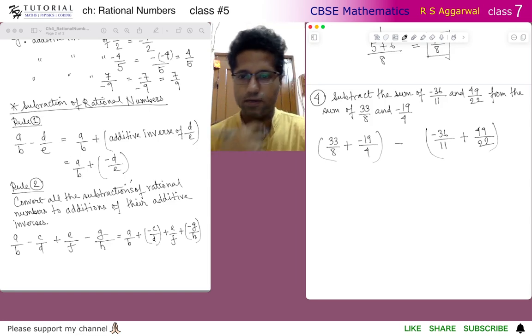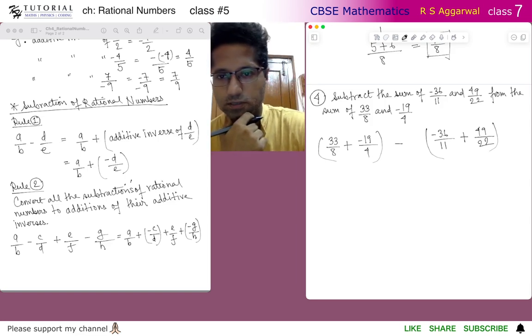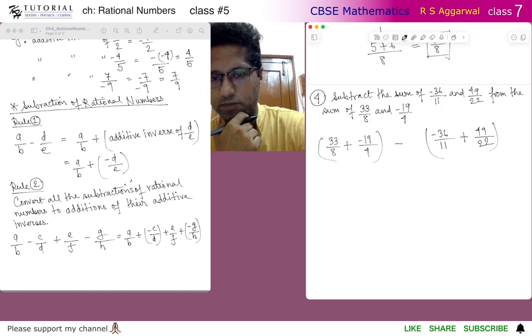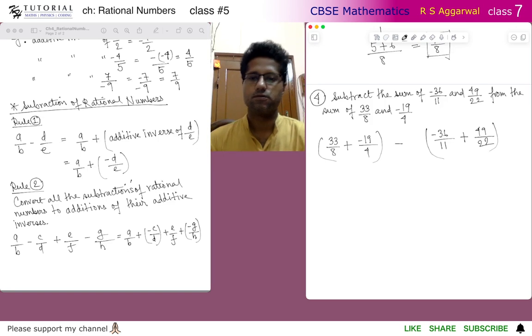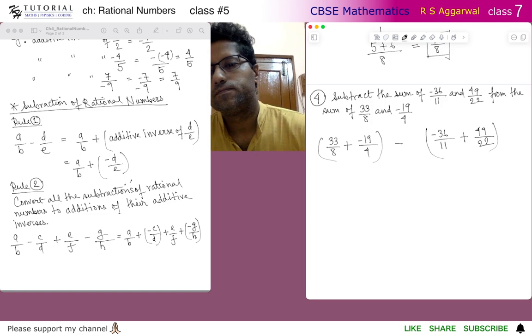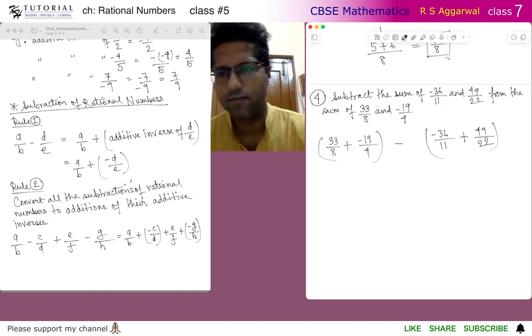And the other way of doing it is if you consider it as an expression of addition and subtraction of multiple rational numbers. In any way, I think in both ways the time required will be the same.